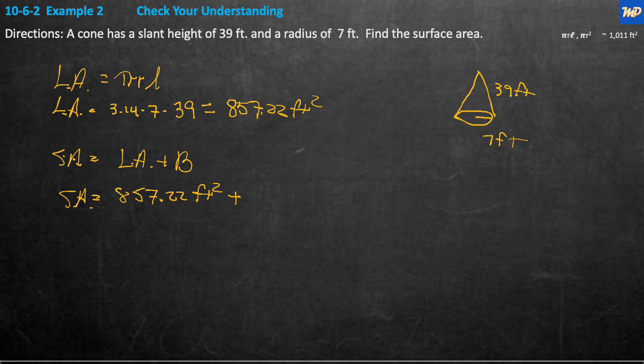plus pi r squared, 3.14 times r, which is 7 feet, squared.